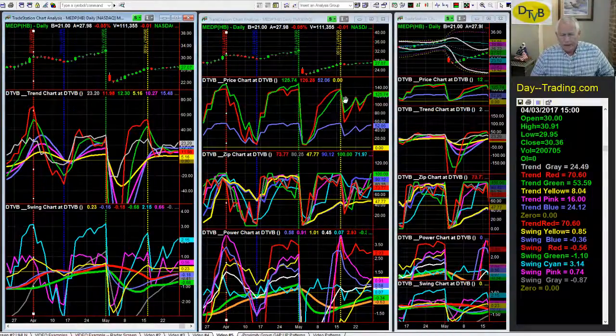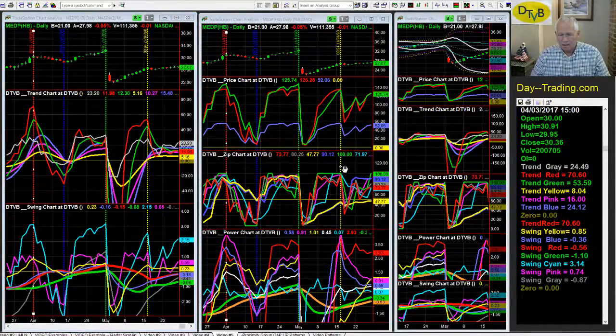Now, with the exception that the price red and green are a little bit lower than the other two peaks, we would think that we're going to be going down on the yellow vertical line. I mean, it looks good. If you look at the ZIP chart, you've got ZIP green and Zion at 100, and ZIP pink is right underneath it.